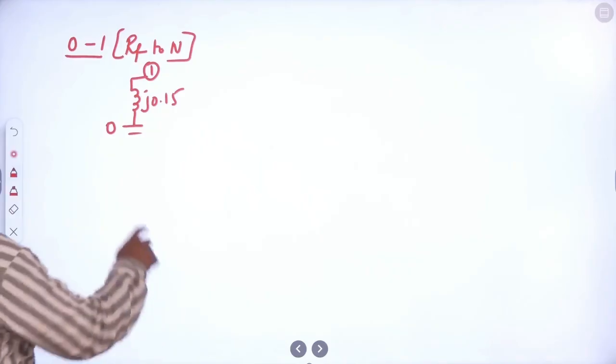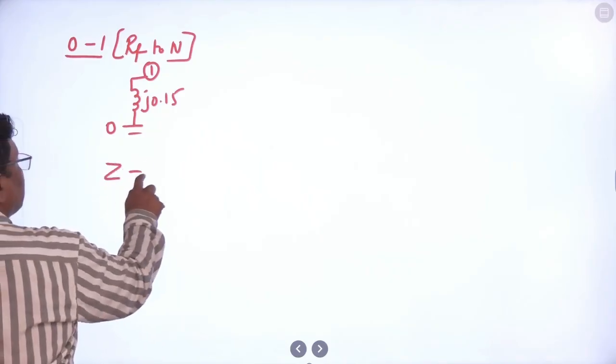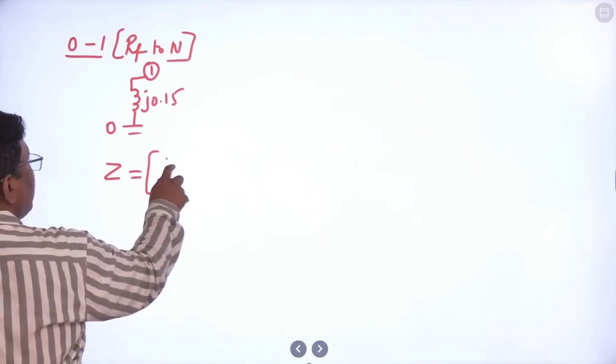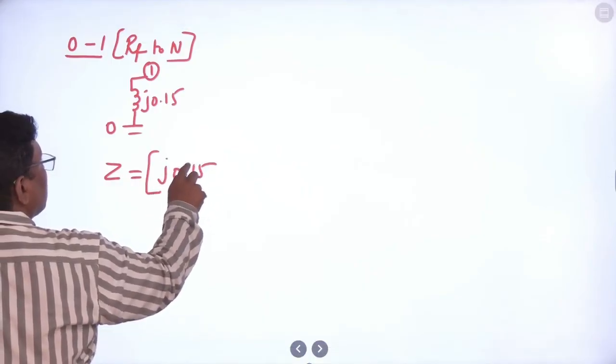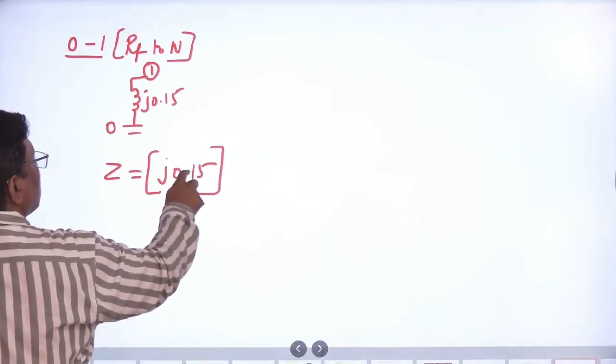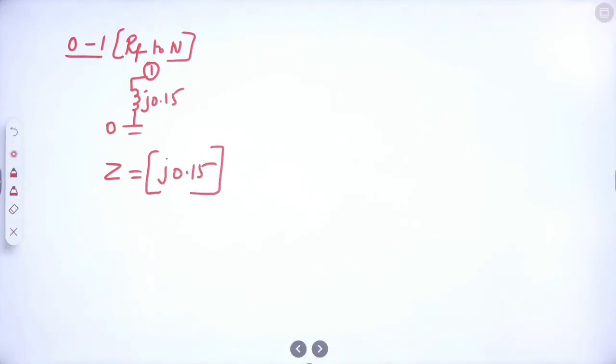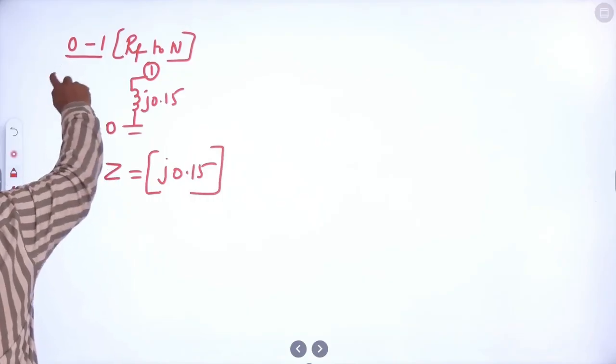Clear? So now form Z bus. Z is equal to j0.15. So this is step number 1.